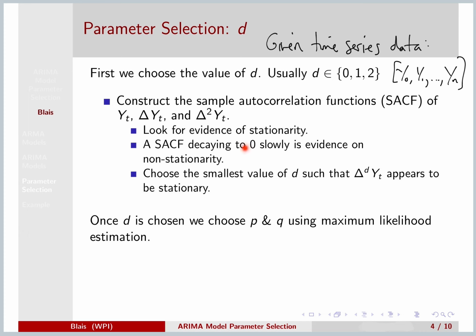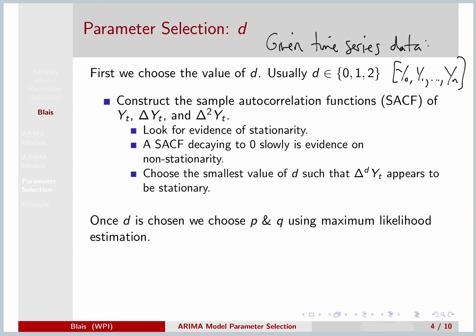And the idea is we want to choose the smallest value of d such that the d-differenced Y_t time series appears that it could be stationary. We want to do this in this minimal way because it's important to not over difference. Strange things can happen if you over difference, in terms of autocorrelation structure.